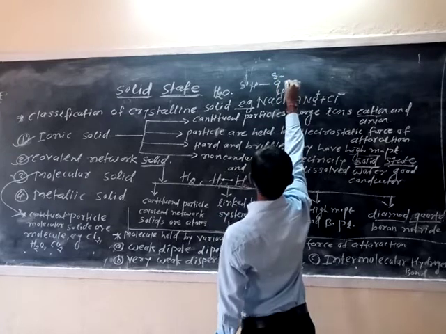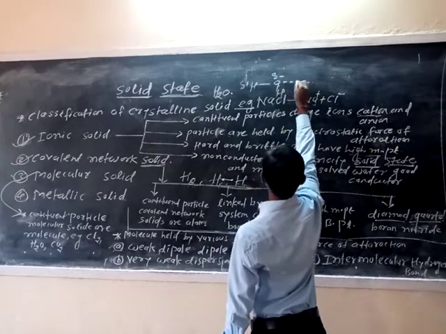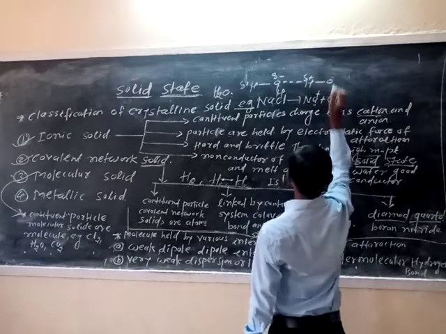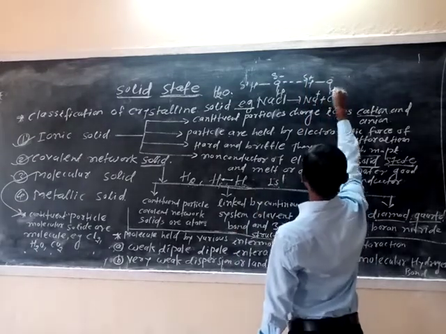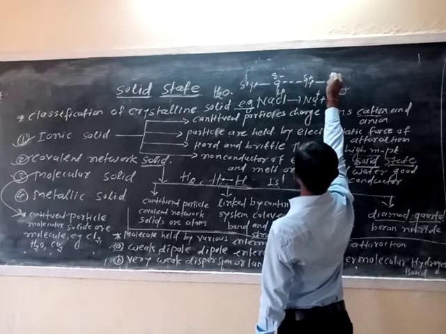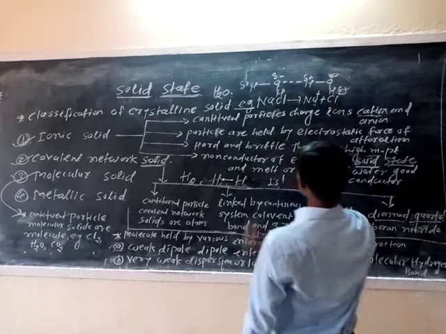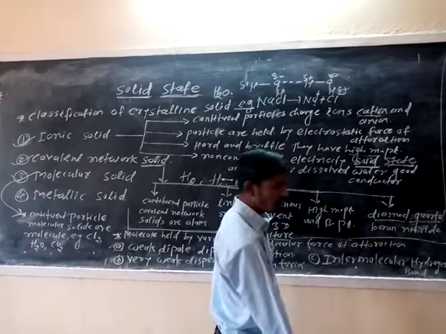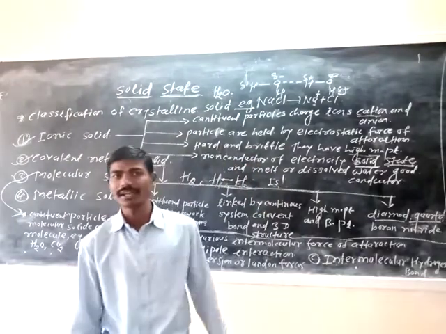Another water molecule bonds through its hydrogen atom with partial positive charge to the next oxygen atom, which is partially negative. This type of bonding is intermolecular hydrogen bonding.